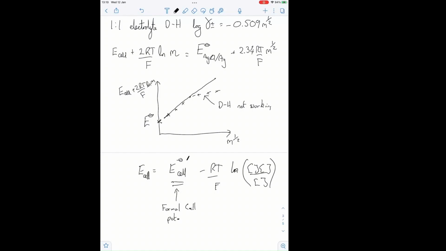This is a formal cell potential because I'm doing it for a cell, not the standard reduction potential.